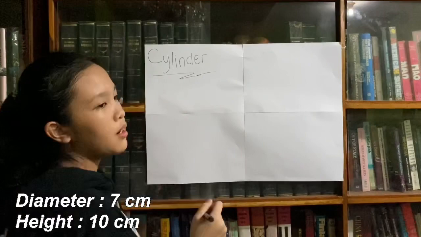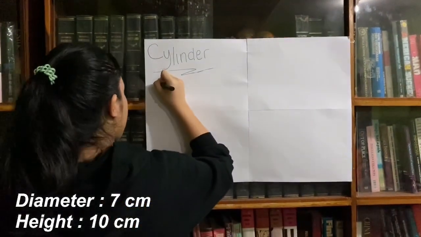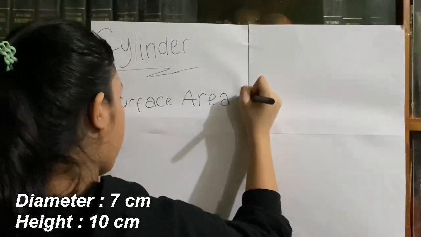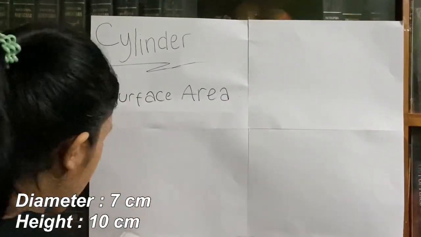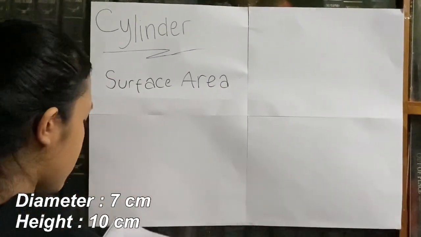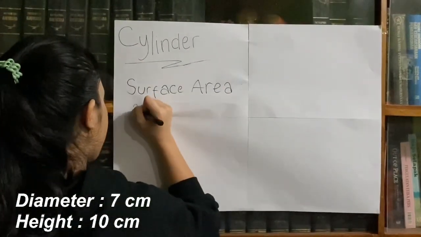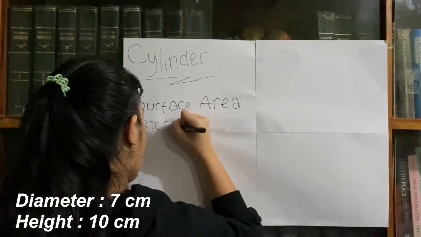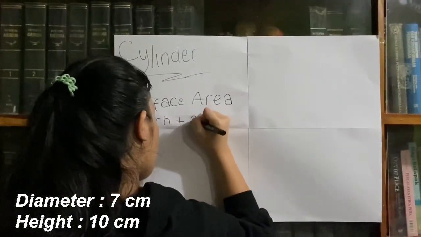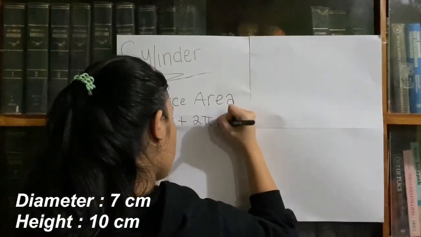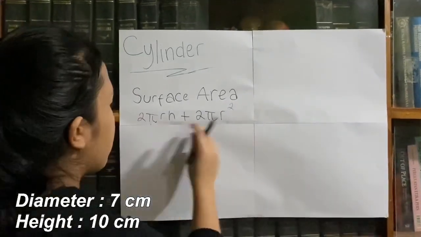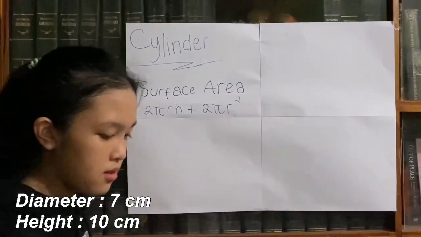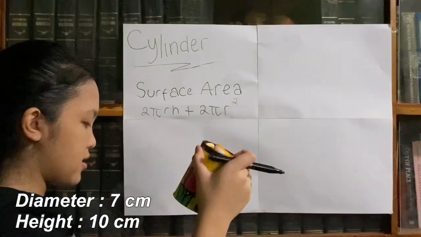Okay, we're going to talk about the surface area of the cylinder. The formula for the surface area of a cylinder is, these are the formulas, and then we just need to calculate to find the surface area of this cylinder.